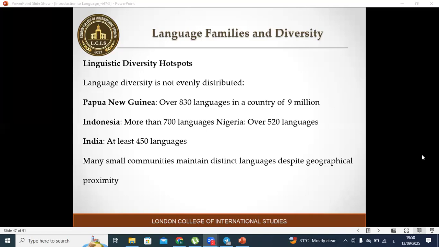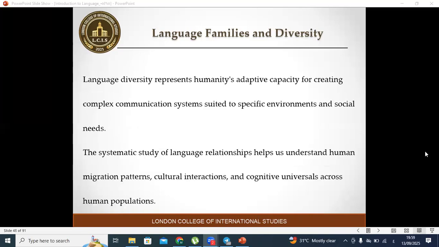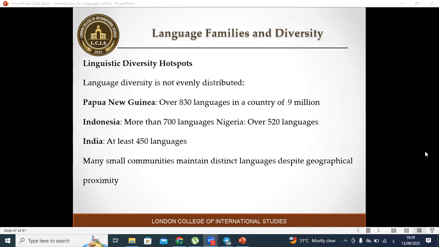Indonesia, more than 700 languages. Nigeria, over 520 languages. India, at least 450 languages. Many small communities maintain distinct languages despite geographical proximity.